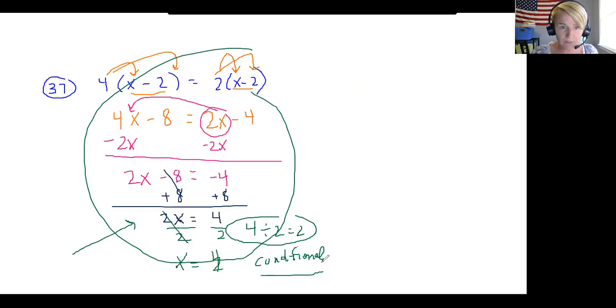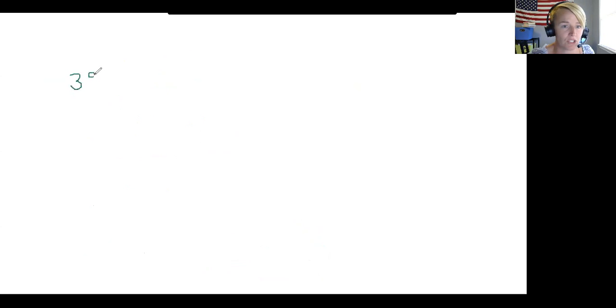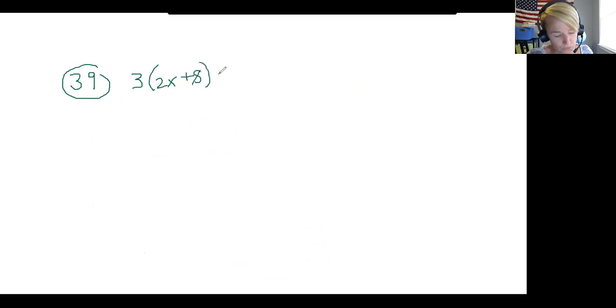Now, just for cheating purposes, I want to be able to show you something that is not a conditional. So I'm going to just jump right now with you to problem 39. I'm probably going to make you do 38, so don't get too overly excited, but I just want to show you 39. So 39 is 3 times 2x plus 8 equals 6x plus 18.